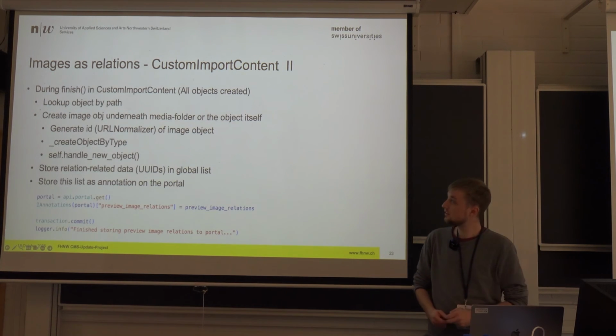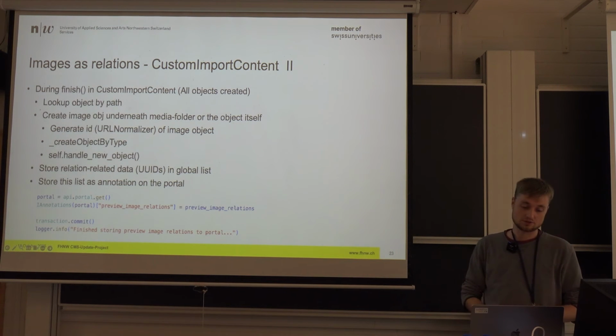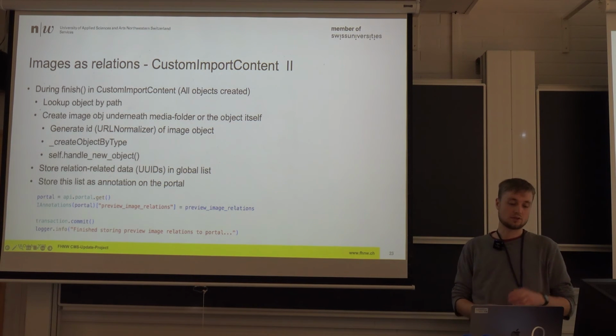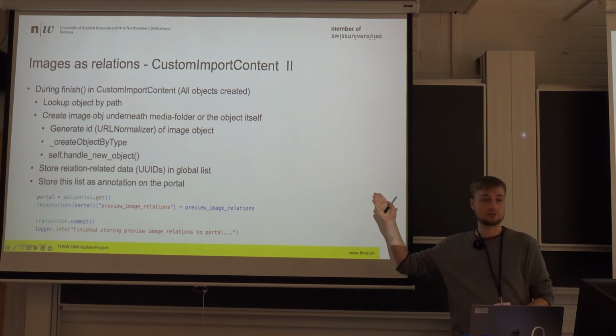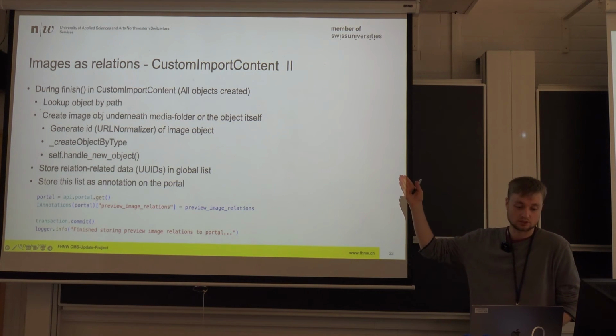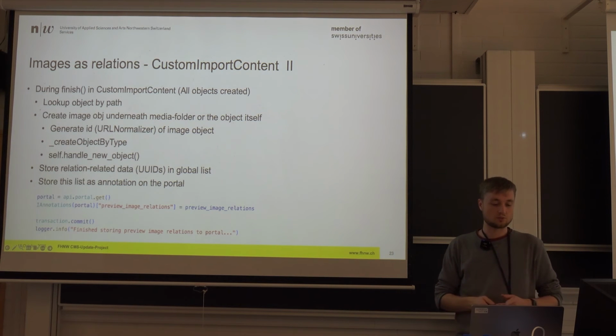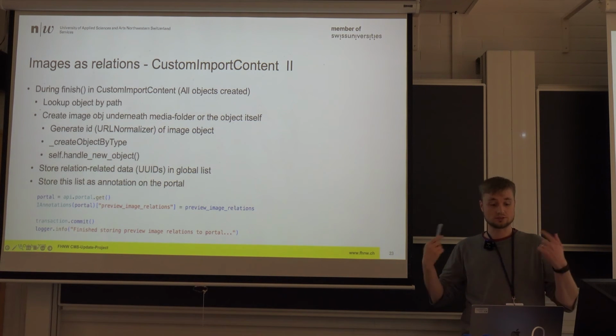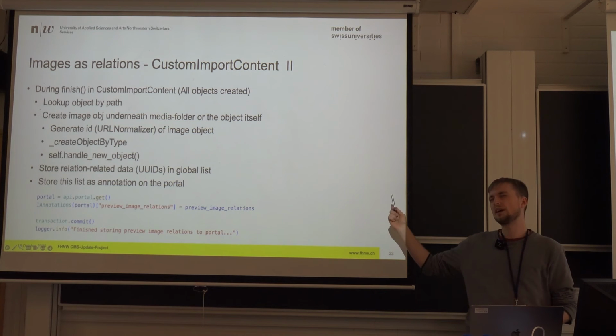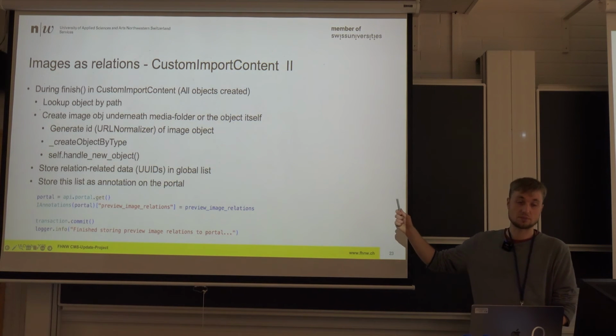Then the heavy lifting happened in the finish method. We looked up the object by path, because in the finish method it is already there. Then we created the image object just underneath the object, or we had this funny concept with the media folders.